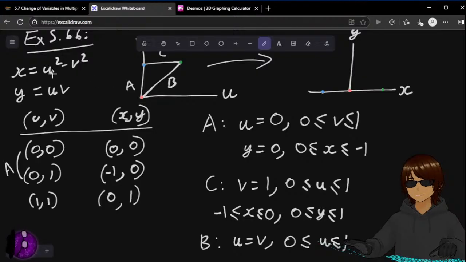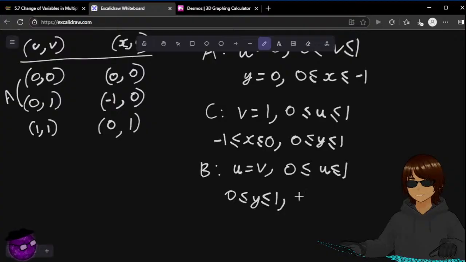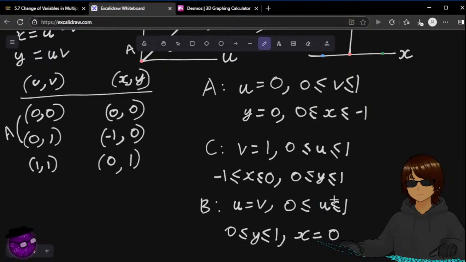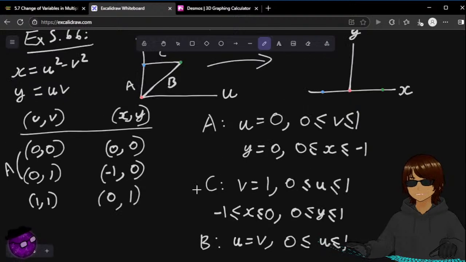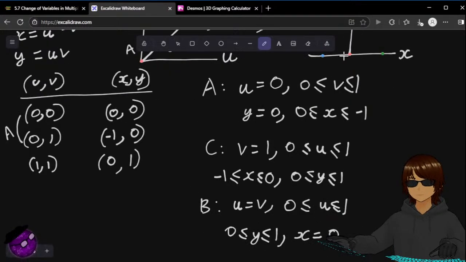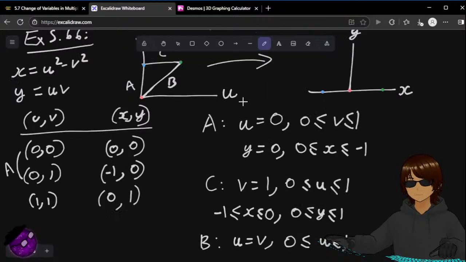The x, no, the x just stays 0. So side B, x is 0 and y goes from 0 to 1.